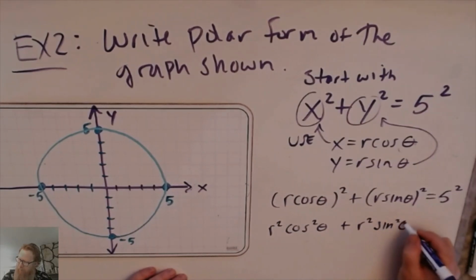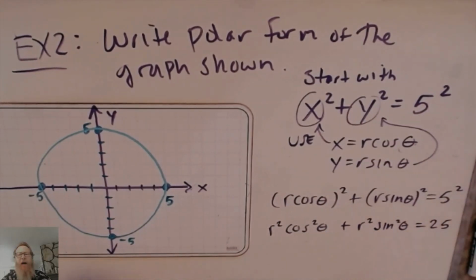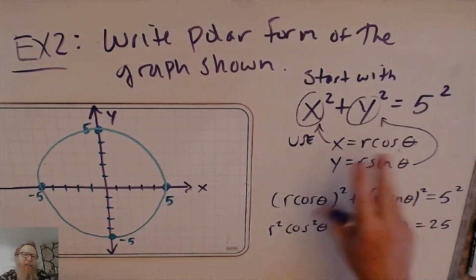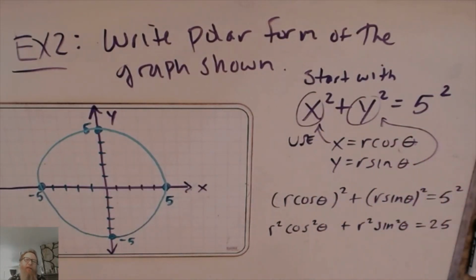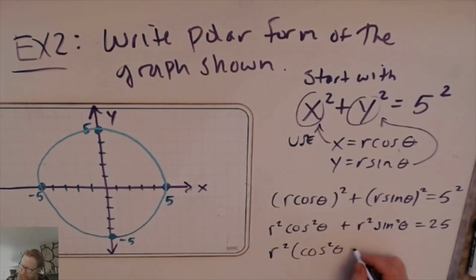Remember, in polar equations, we typically, whenever possible, like to isolate the r, kind of like in basic algebra, you always tried to isolate the y. It's not like there's a law that says you have to do that. It's just a tradition to isolate the r.